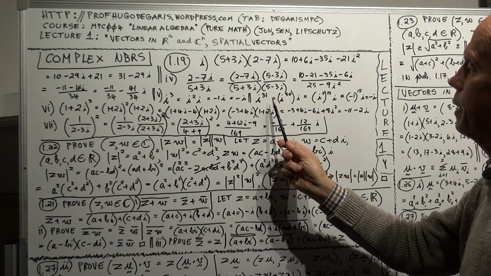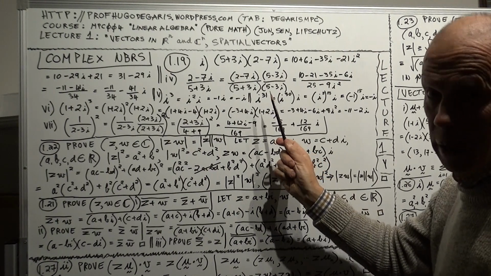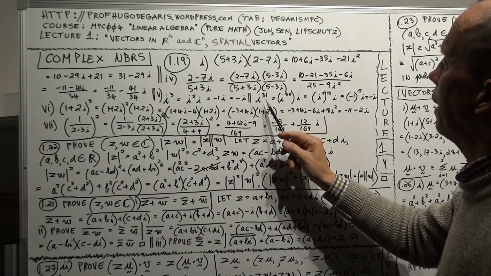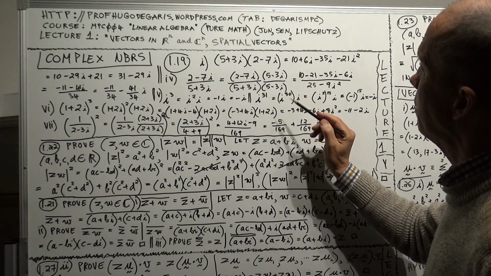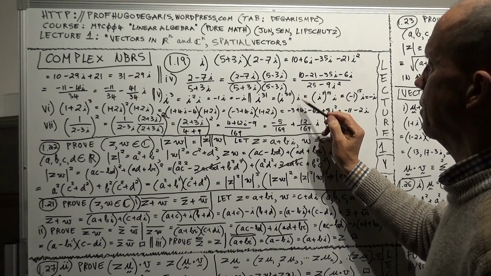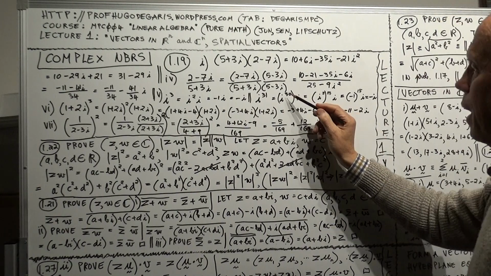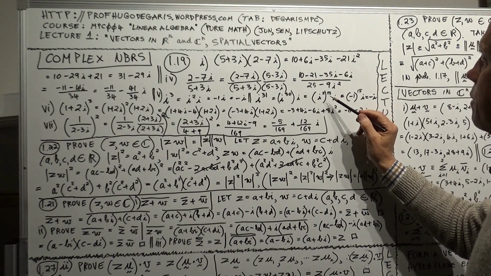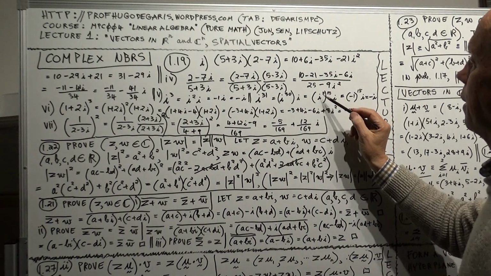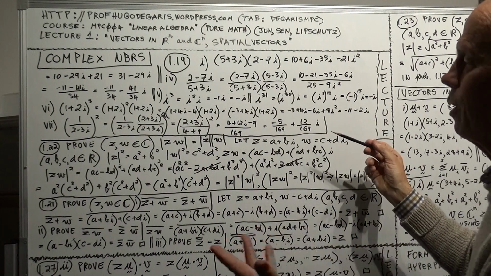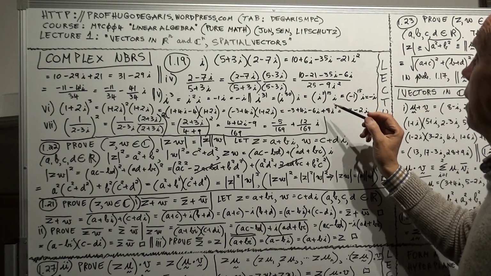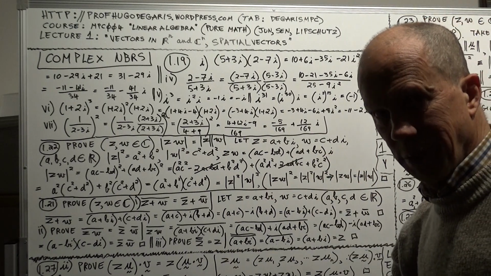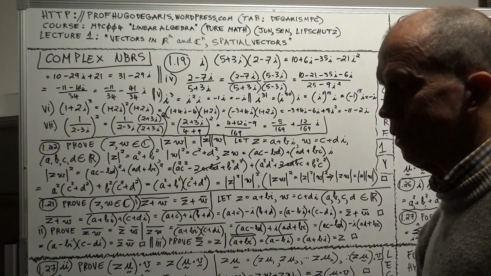Now how about i to the power 31? How can you simplify that? Well, i to the power 31 is the same as i to the 30 times i, but i to the 30 is i squared to the power 15, so 2 15s are 30. Well, you can probably see why I'm doing it this way, but I'm trying to get i squared so I can substitute that for minus 1.